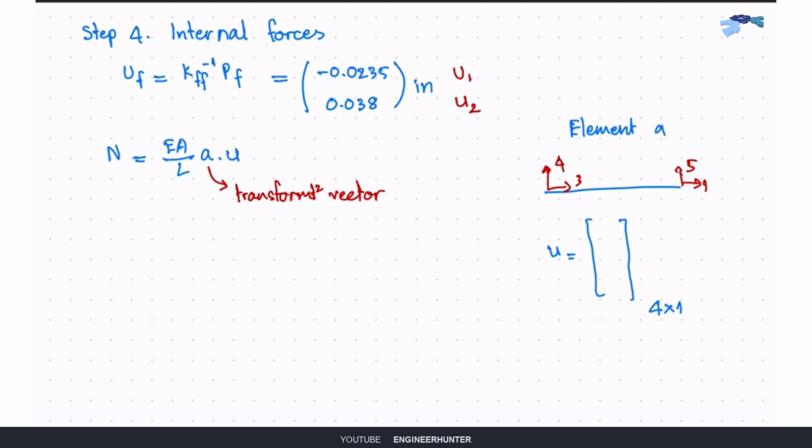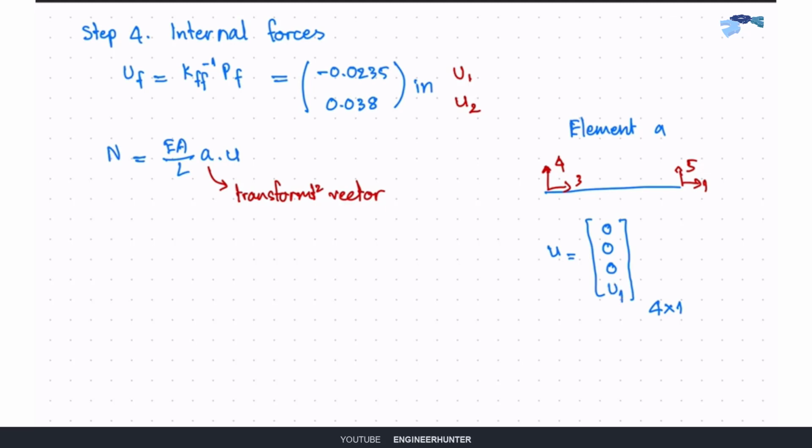So for this vector it will equal to 0, and only the degree of freedom at number 1 here is equal to u1.